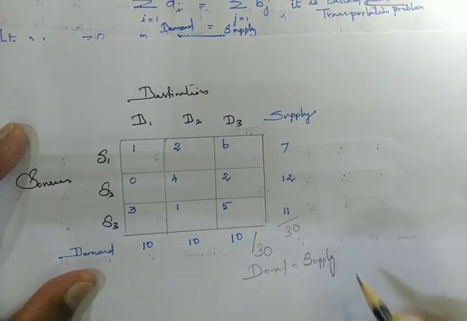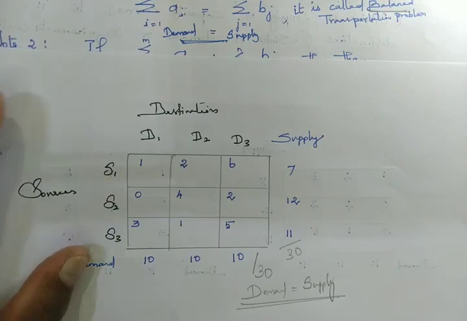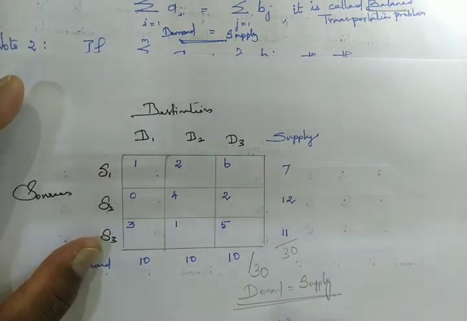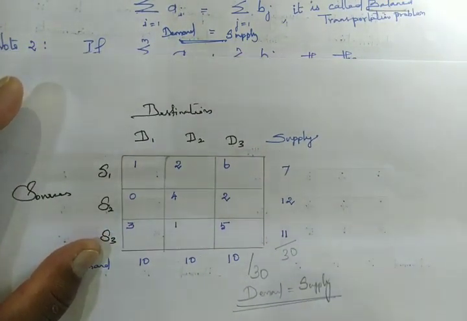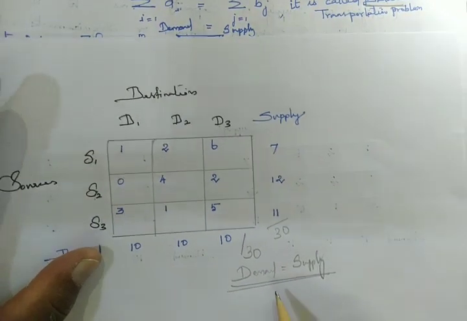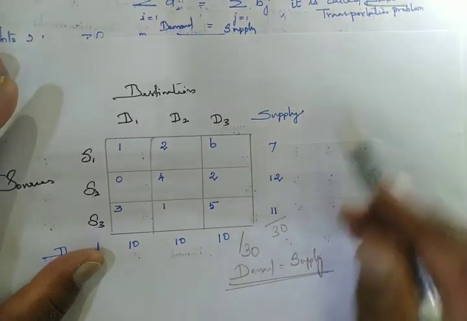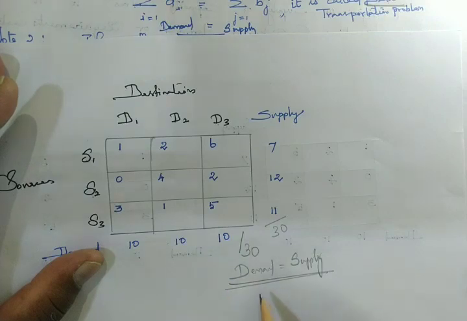Therefore this is called a balanced transportation problem, and this is also the problem which gets a feasible solution. If it satisfies this condition only, you can say it is a feasible solution. The other name is balanced transportation problem.